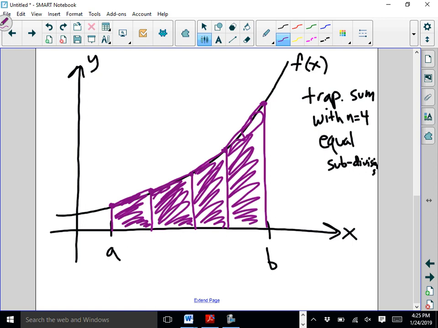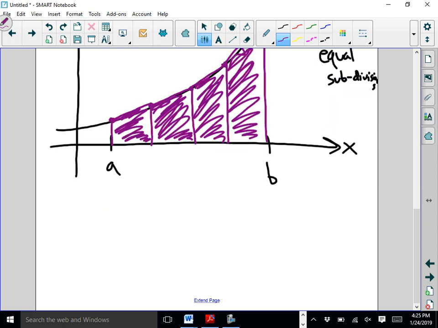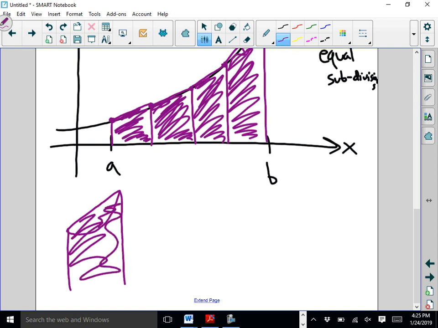if we just sketch something that's concave up, if I connect this with a trapezoid, I'm going to overcount, right? But if the function was concave down, and I connected it with a trapezoid, I'm going to get an undercount. Okay?